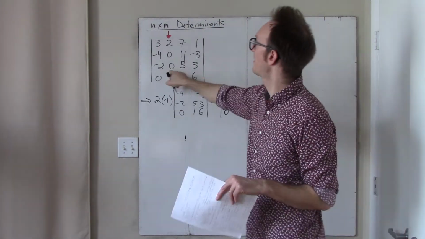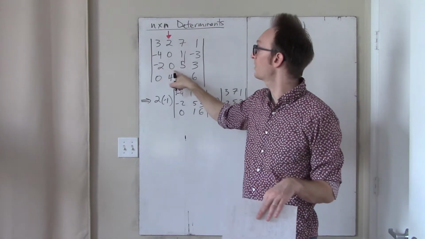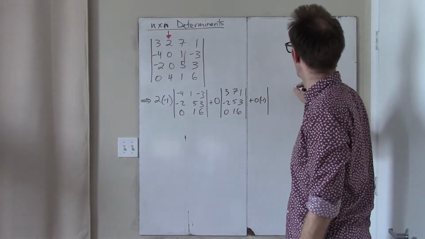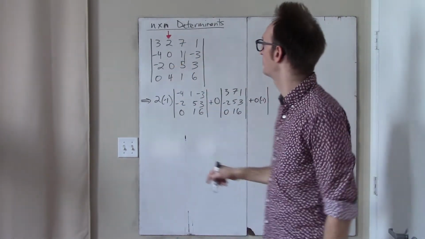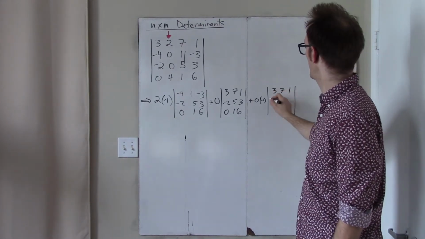And then the very next number is also a 0. But this is row 3, column 2, which is 5. So you're supposed to throw a -1 in front of the matrix which results from deleting row 3, column 2. So once again, just being careful here.